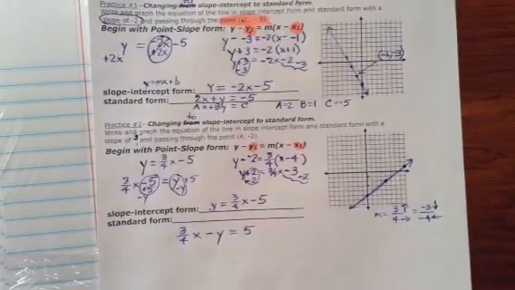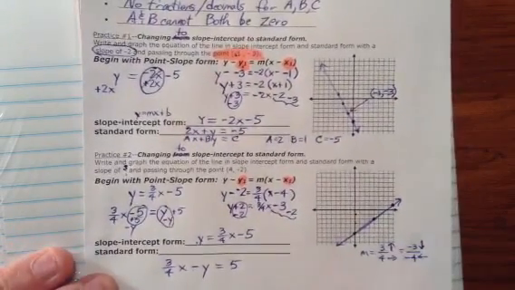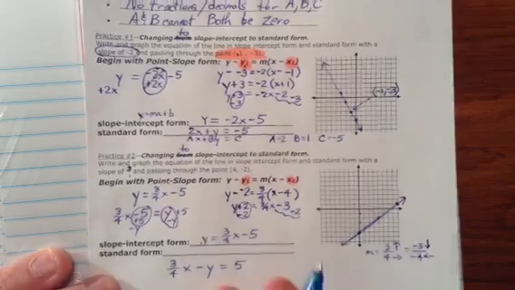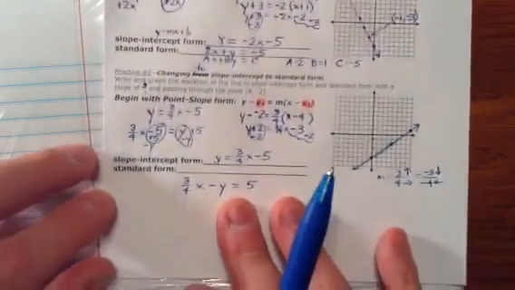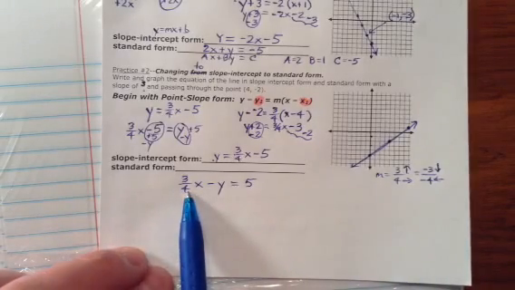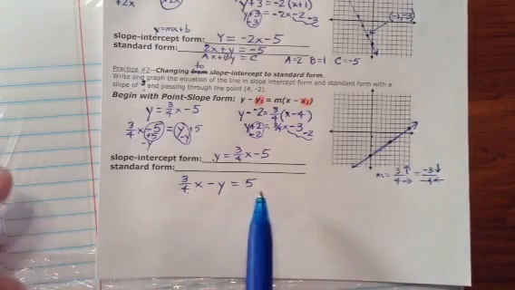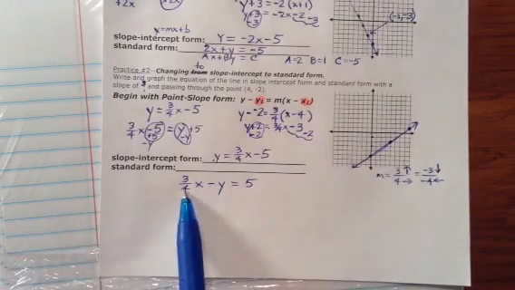Now, up here, I forgot to tell you something. Traditionally, well actually, I did tell you, no fractions or decimals for A, B, and C. We've got a fraction here for A. This is real easy to get rid of. What's your denominator? Your denominator is a 4.